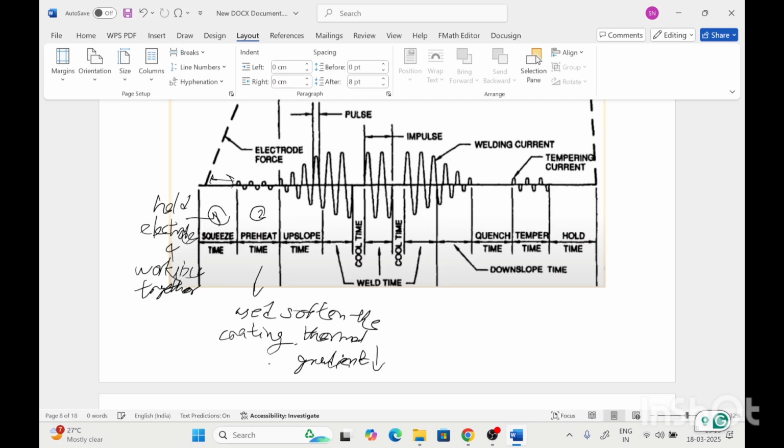Only a small amplitude current wave is supplied in this preheat time period.